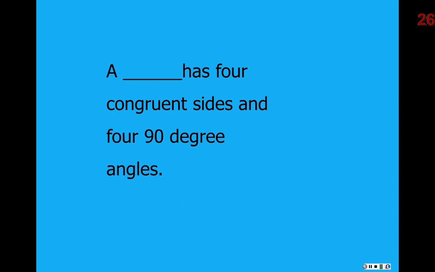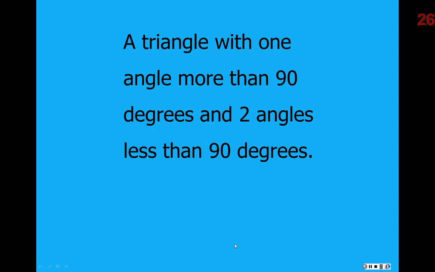A blank has four congruent sides and four 90-degree angles. A square or a rectangle, right? But for it to have four congruent sides, it really has to be what? A square. A triangle with one angle more than 90 degrees and two angles less than 90 degrees.